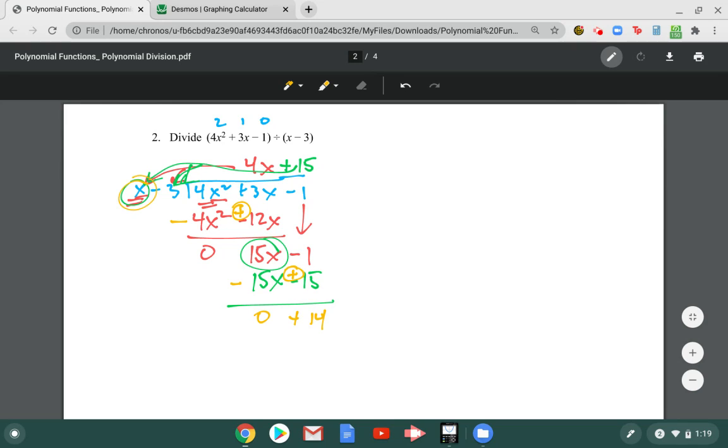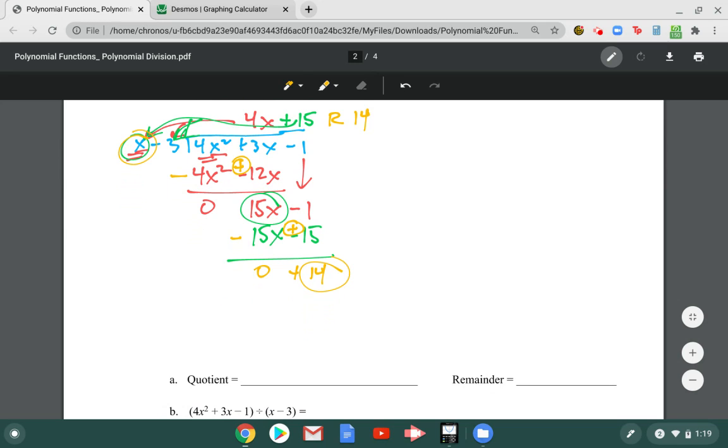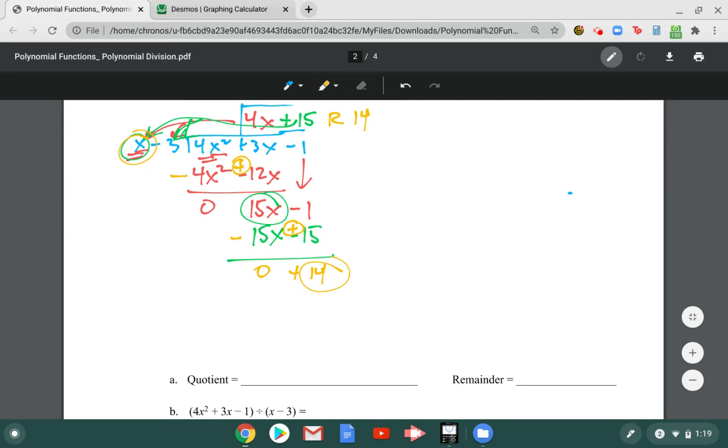X does not go into 14. There are no x's in there. So this turns out to be my remainder. So remainder 14. Let's go ahead and write our answer, quotient, and then remainder. I'll go back to my blue pen. So my quotient is all of this right here, 4x plus 15, and my remainder is 14.